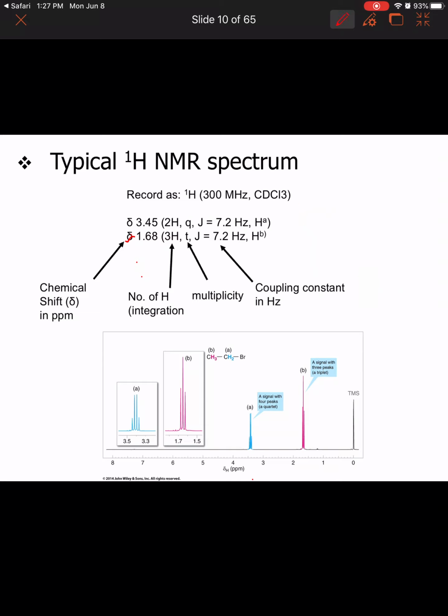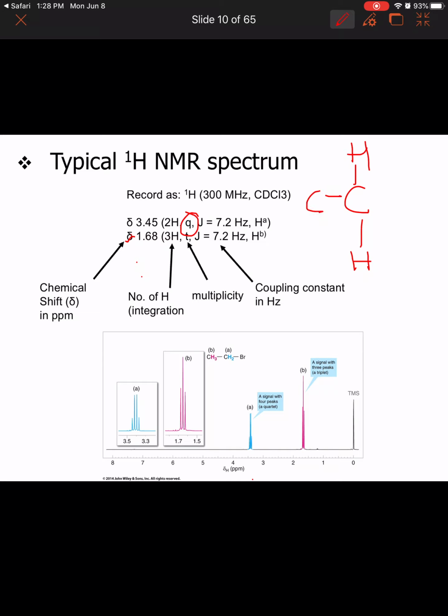Okay, now we know that there are 2 hydrogens. That's going to be a piece like that, 2 hydrogens. And then it is a quartet. You see, it says it's a quartet. Quartet means the adjacent carbon needs to have 3 hydrogens.